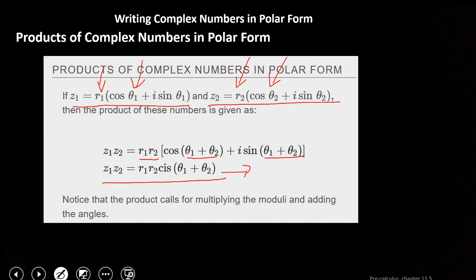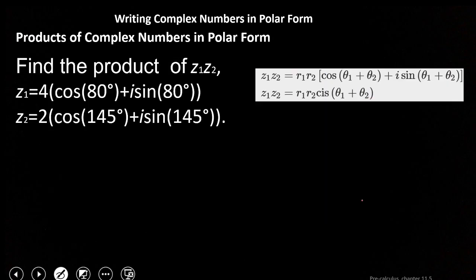All right, so let me move this a little bit. Get this arrow. There we go. So here's an example. We have this complex number and this complex number. To multiply them, all we have to do is multiply the moduli and then add the angles.